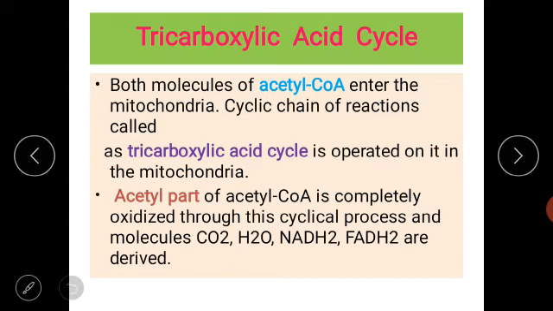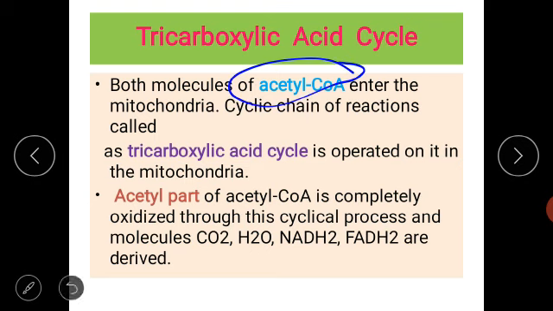Next point, tricarboxylic acid cycle. Acetyl CoA molecules enter the mitochondria. How do they enter? Glycolysis operates in the cell cytoplasm, and acetyl CoA is produced as an end product.